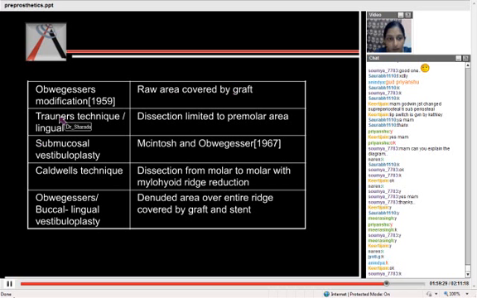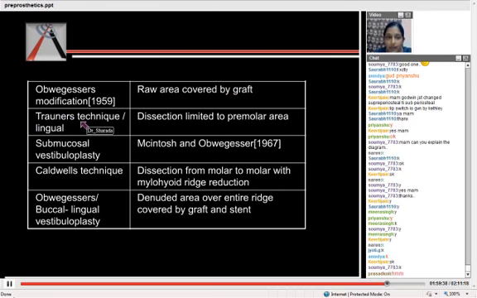Now from here, from Troner and Caldwell, we talk of lingual vestibuloplasty. In Troner's, the dissection was limited to the premolar area. Troner gave an incision from premolar to premolar, and he tried to push the mylohyoid muscle attachment downward so that he could increase the depth of the lingual sulcus.